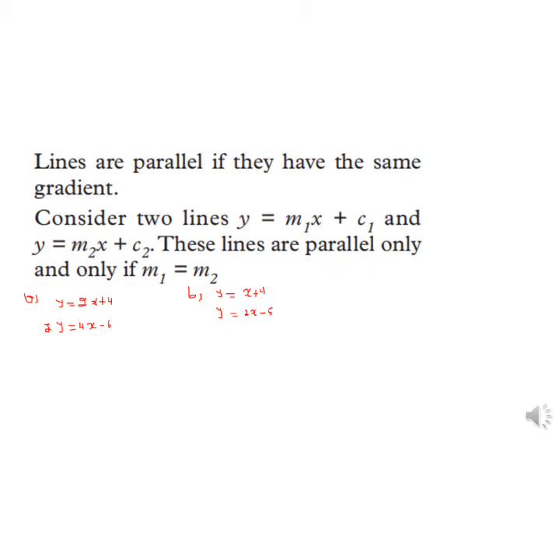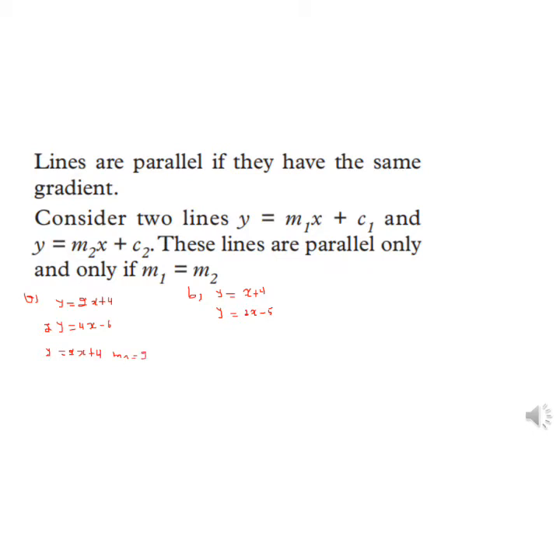So now compare the following examples. Verify whether the two lines are parallel. About question A, y is equal to 2x plus 4. This is equation 1, or line 1, where the gradient m1 is the gradient of the first equation.